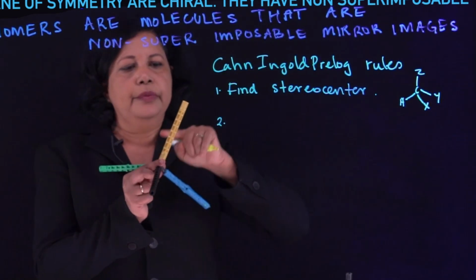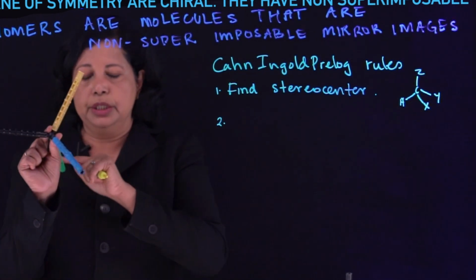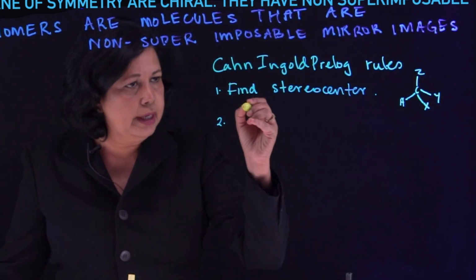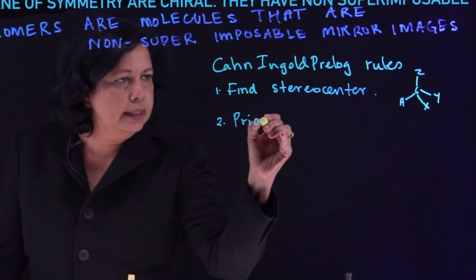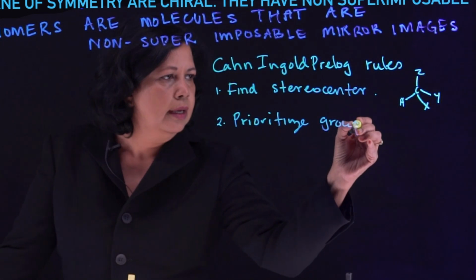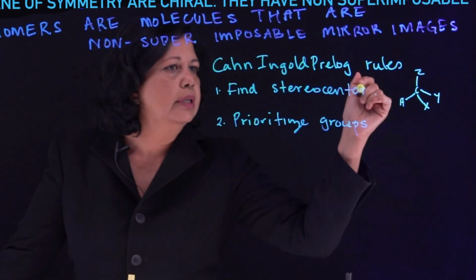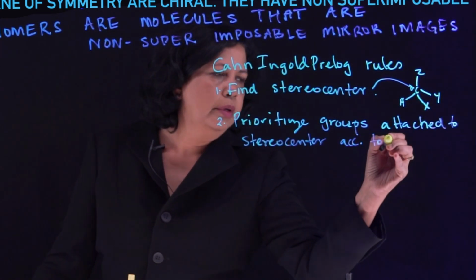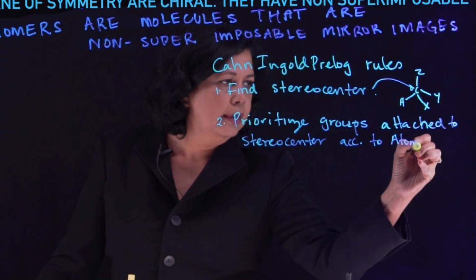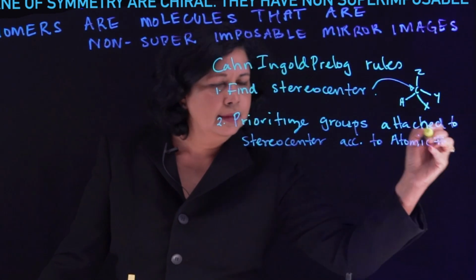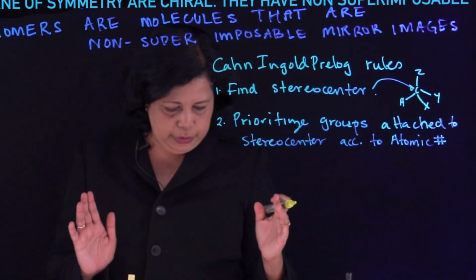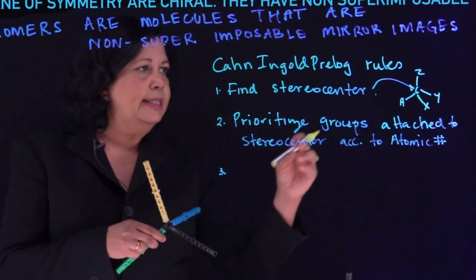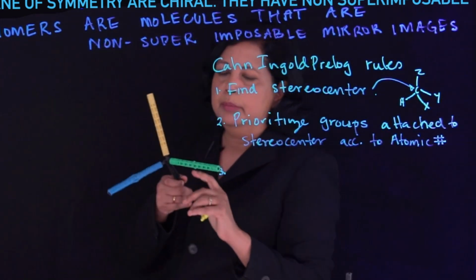Then look at each one of those atoms that are attached to it and look at the atomic weight. So prioritize the groups attached to that chiral stereocenter according to atomic number. Then we can use that to assign. So put the lowest atomic number away from you.